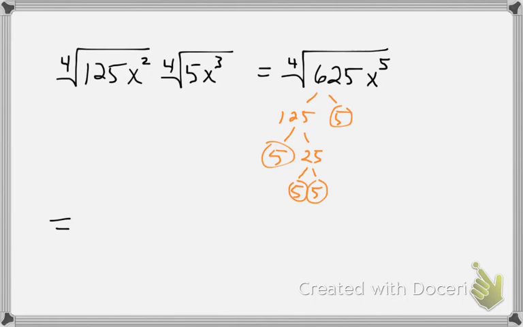Do I have a 4th power? So what can I bring out? 5. Any left under? No. What about the x's? Do I have a 4th power? How many? One of them. So bring one of them out and leave one of them under. So it simplifies to 5x, 4th root of x.